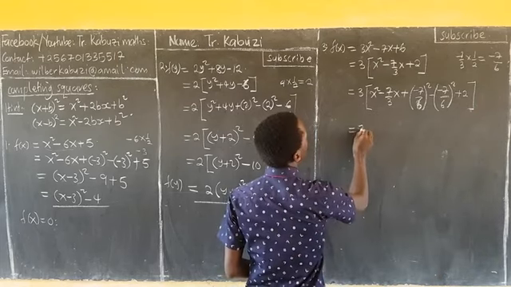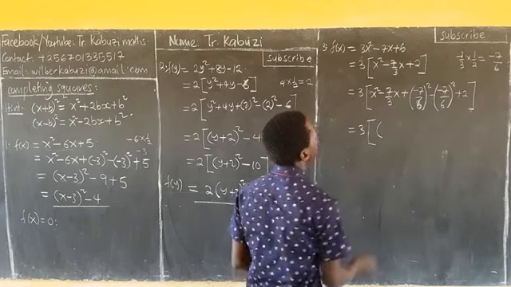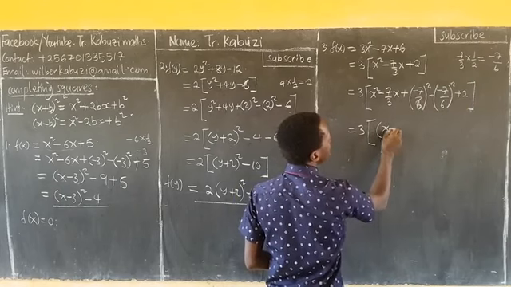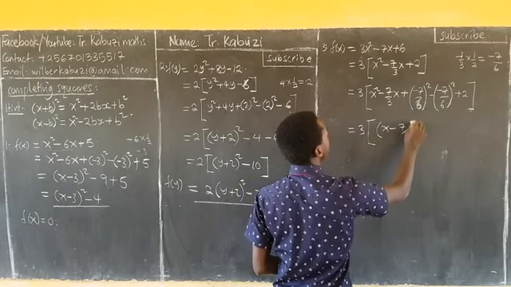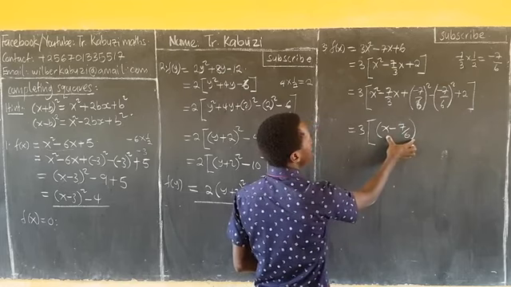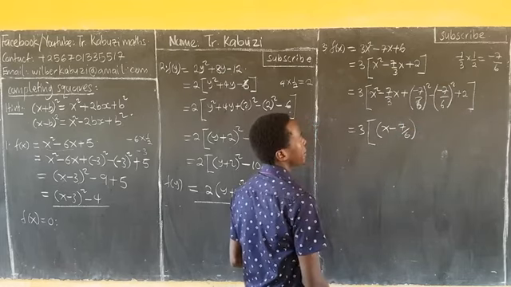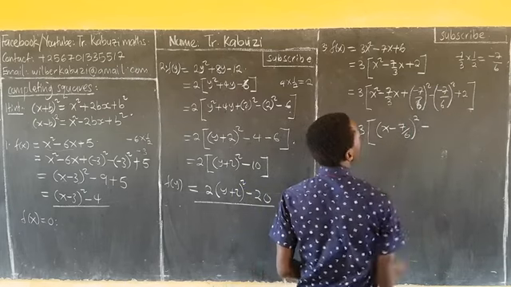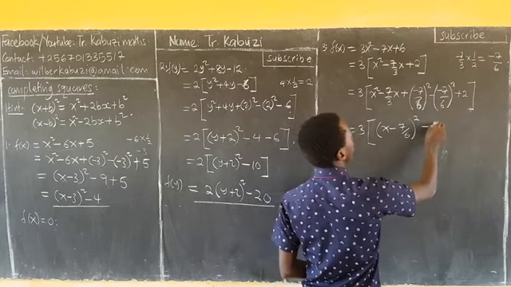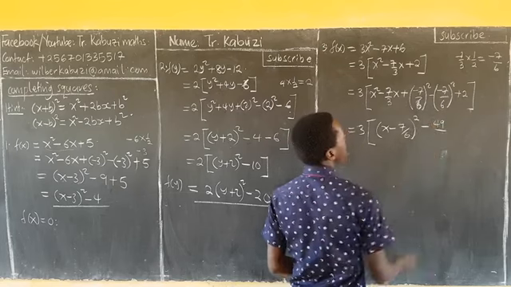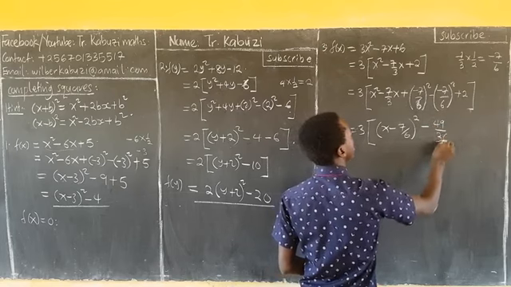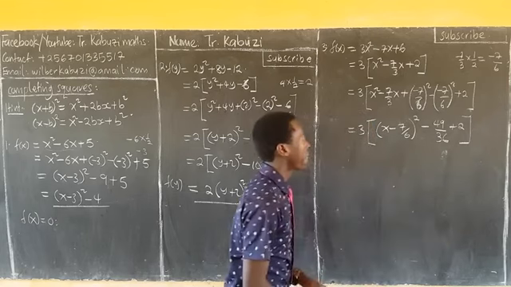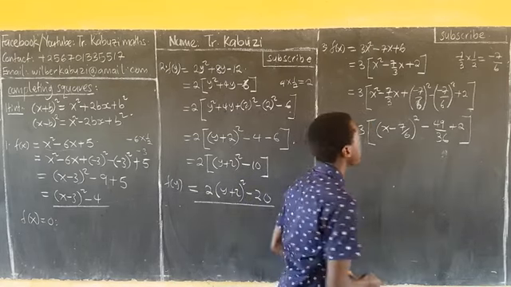So this will be now 3 into, now you just get your x, then this one is minus 7 over 6, squared. This way you can expand it to go back. Then minus, when you square negative 7, you get 49. When you square 6, you get 36. Then plus 2. Now we simplify this.